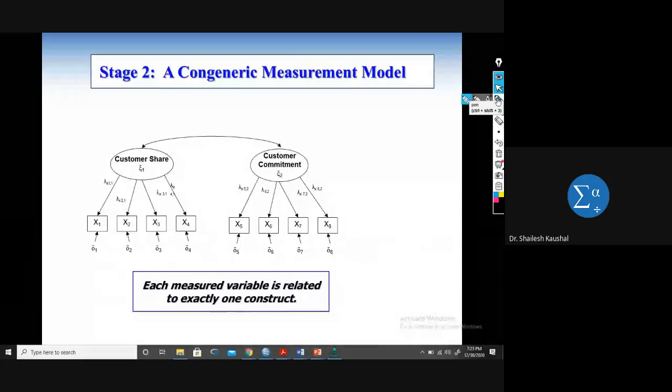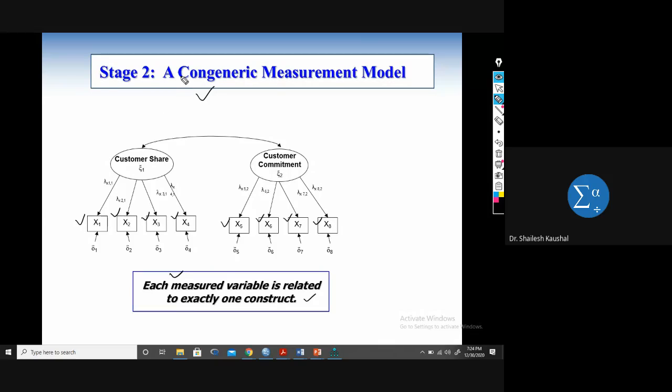Now this is the congeneric measurement model. You can see each measured variable, x3, x4, x5, x6, x7, x8, is related to exactly one construct. That is why this is known as a congeneric measurement model.